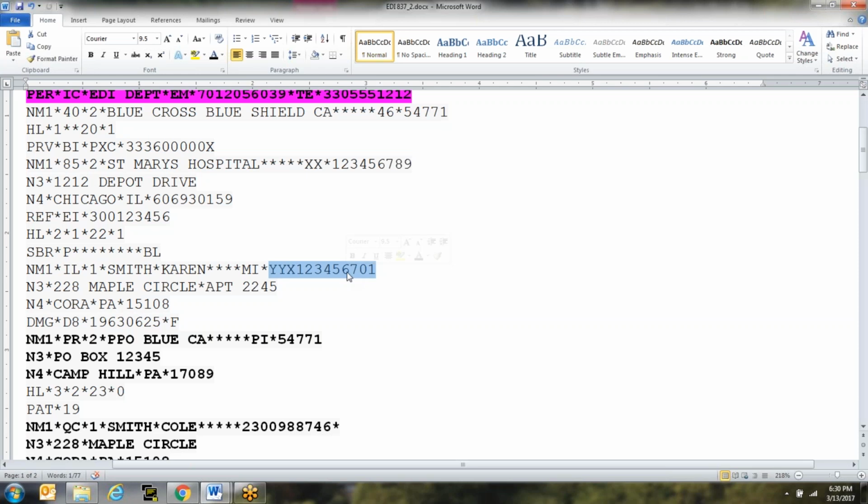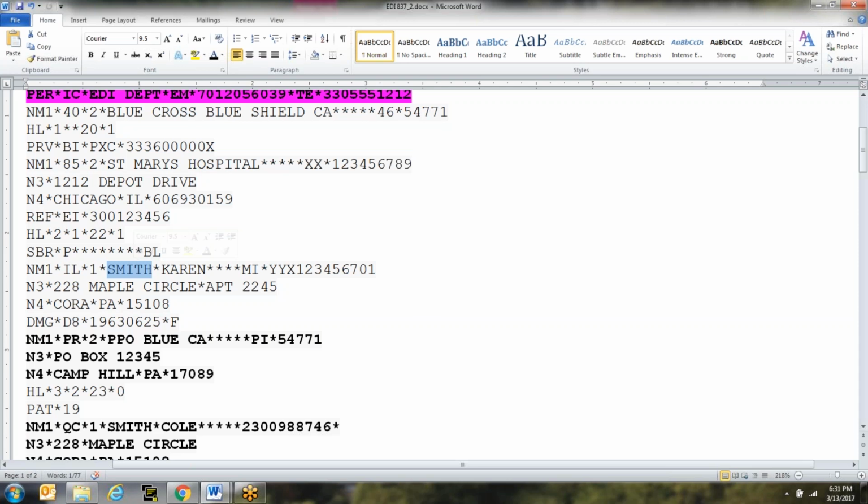Whether this person has medical coverage with us or not. It is possible that Smith Karen has medical coverage. But what if for the last 3 months she has not been paying her premium? The system will deactivate her policy. She is no longer eligible for any medical coverage. But she still exists in our system.